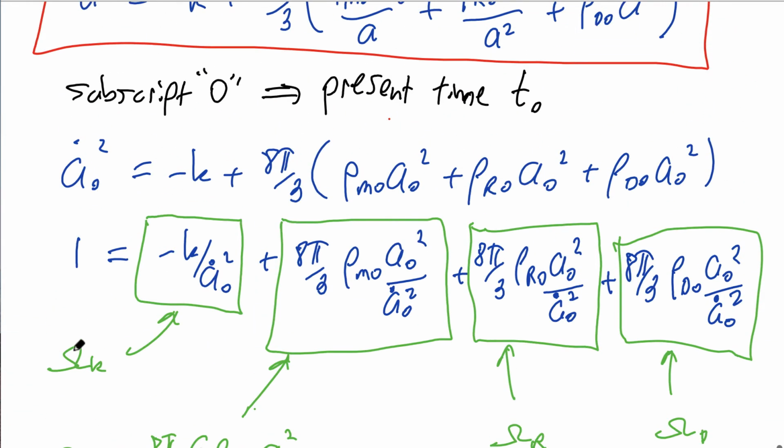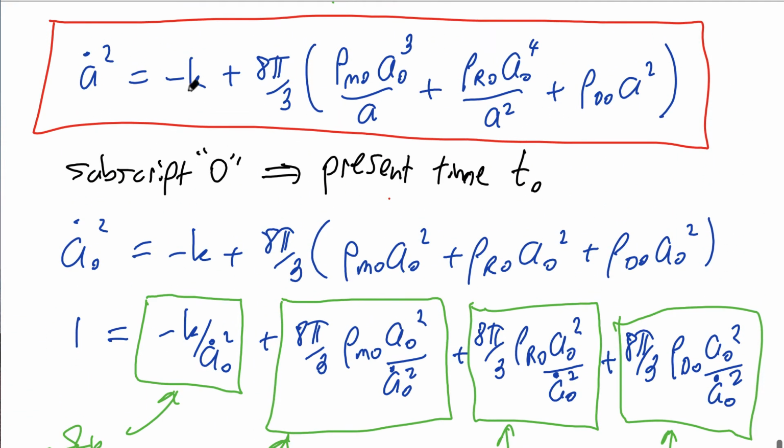Now let's return to the Friedmann equation, and let's divide through by the present value of a dot squared. So this will be a dot squared over a dot 0 squared. This term will be omega k. This term will be proportional to omega m, and so forth.